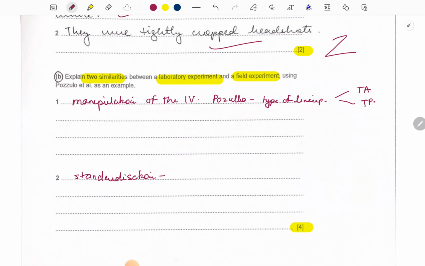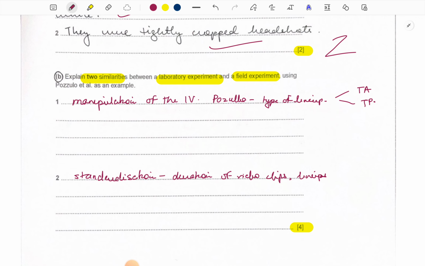So if we take Pozzulo et al., we've already seen that answer, how many things were standardized. The duration of the video clips, the duration of lineups, the presentation of the lineups with the black and white photographs, the positioning of the target, having the clear face instead of the target when the target was absent. There are so many things to mention for standardization.